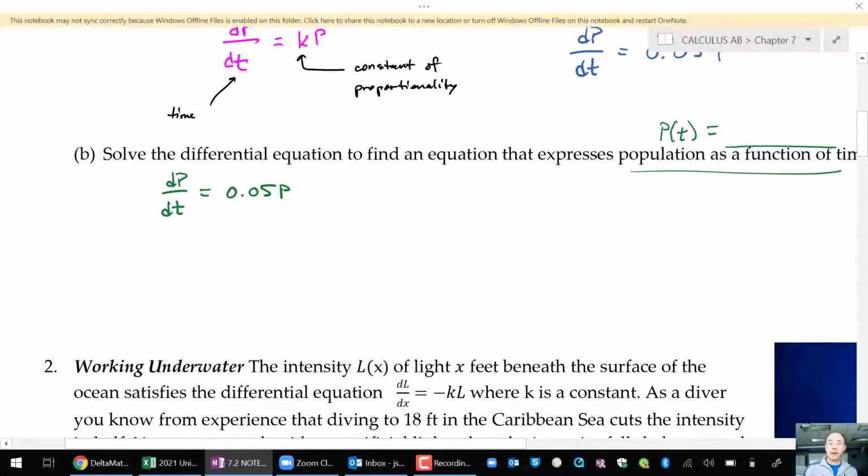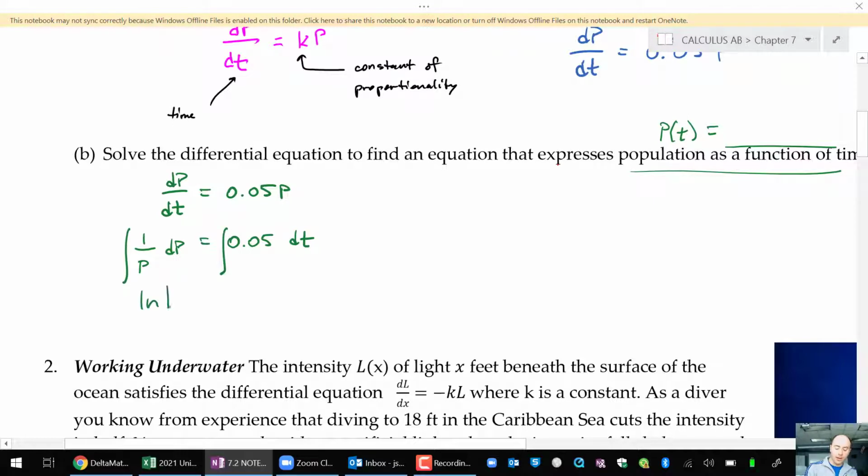So first step is to separate the variables. If I divide by P, 1 over P, dP equals 0.05 times dt. Separate, next step comes the integration step.